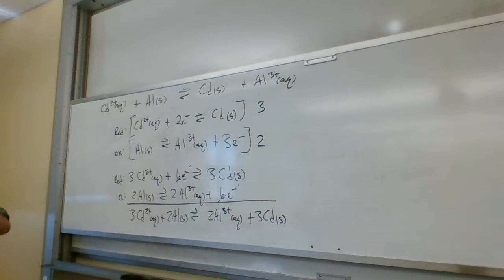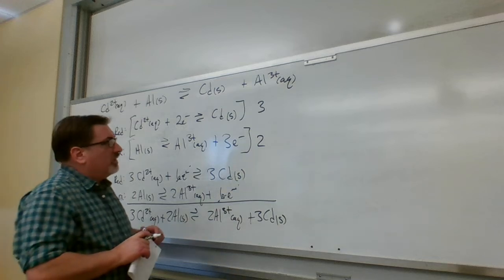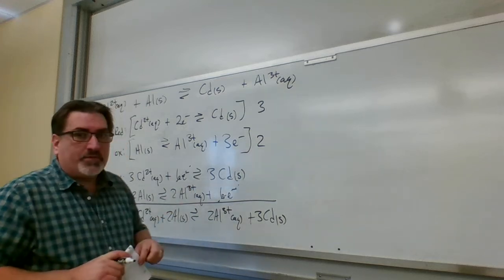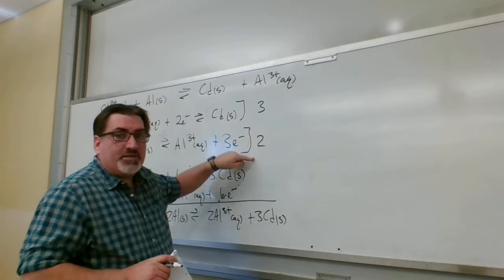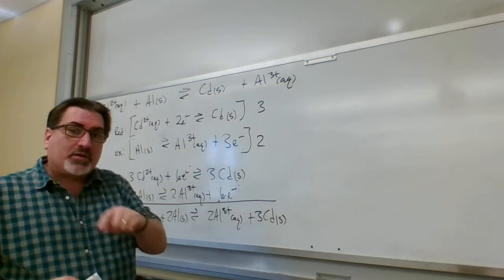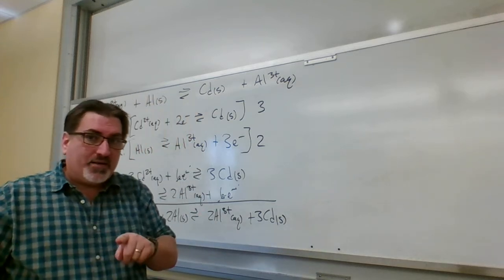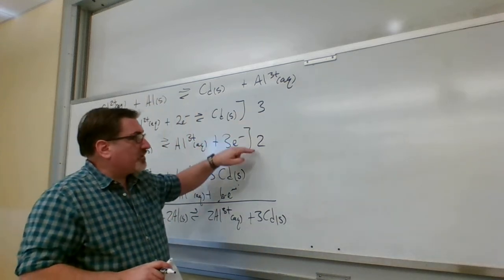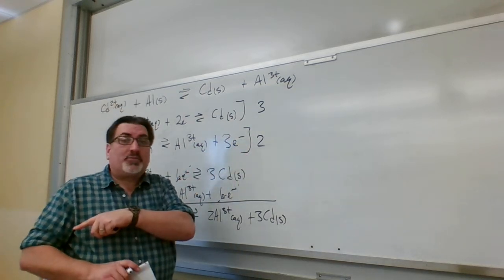Then we're asked to calculate what's E0 for the cell. So we go back to our reactions. Now, just because we multiplied by a 3 and a 2 does not mean we multiply the E cells in our table. I'm going to say that one more time. Just because you multiply a half reaction does not mean you multiply the cell potentials in the table.